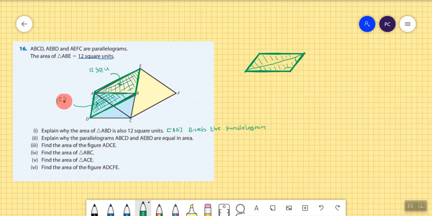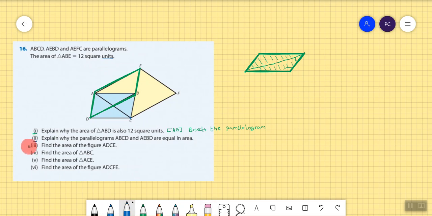So 12 square units. Okay, so that's the first question down. So let's just get rid of all of this stuff so that's not kind of messy looking. So that's the first part. So we're just answering the first part. I might just leave that there just so we can see that we have 2 parallelograms.